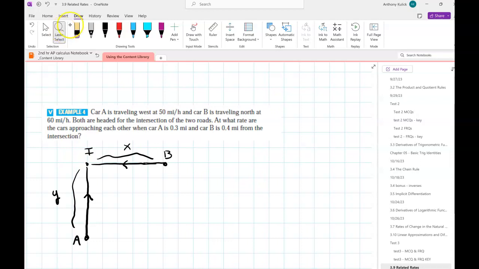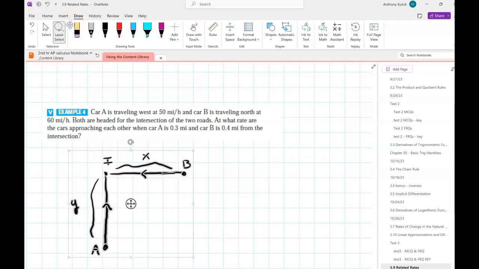Now, the rate at which x is changing is called dx/dt. And we know that rate is, traveling west at 50, right? Except that's not quite right.